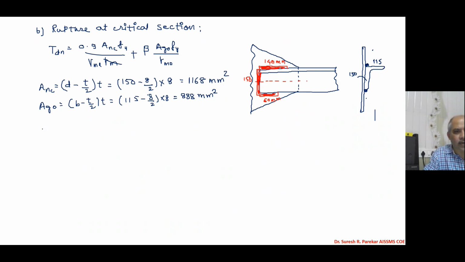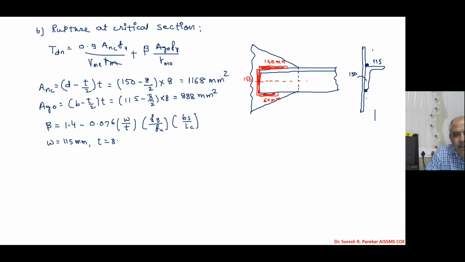And now we will calculate the value of beta, which will be 1.4 minus 0.076 w by t, Fy upon Fu, and bs upon Lc. Now we have w, which is the outstanding leg, 115 millimeter. t is the thickness, which is 8 millimeter. Fy 250, Fu 410.